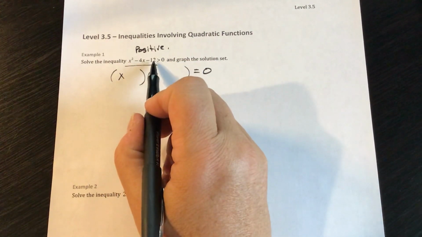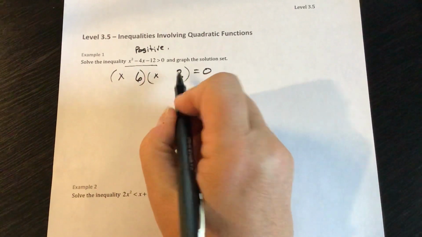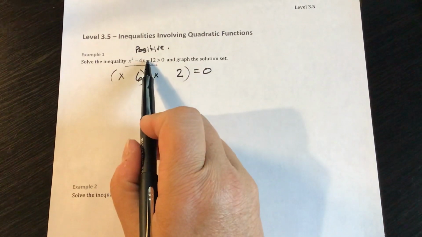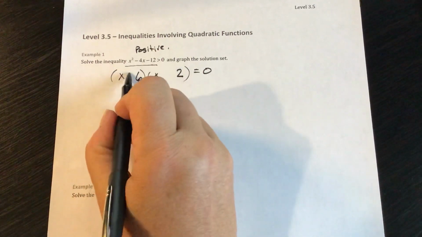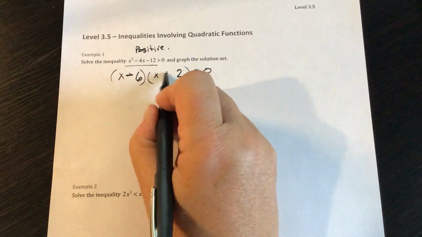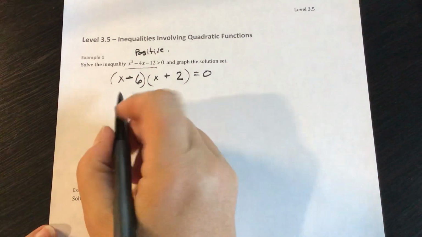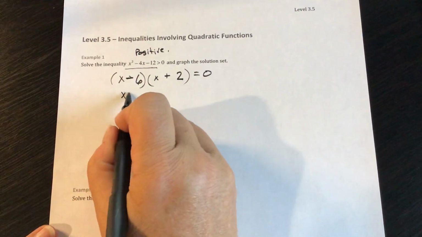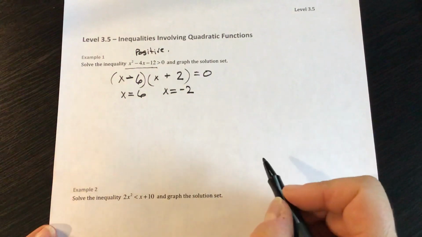So I could have numbers that multiply to be 12, 6 and 2. And also, they're going to subtract to be 4. Because it's negative, the bigger number has to be negative. The larger number is positive. So if I were to solve this equation, this will give me x equals 6 and x equals negative 2.